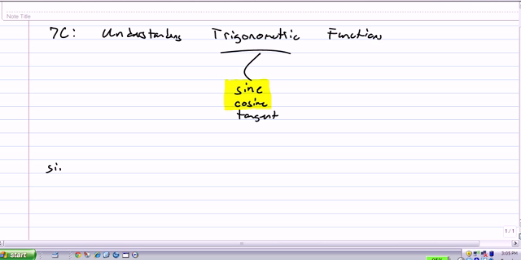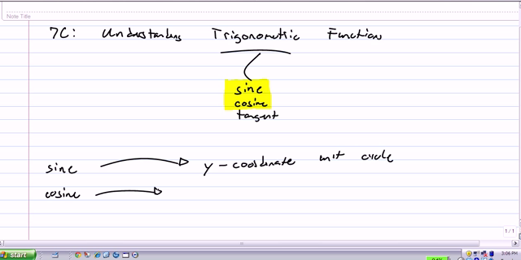Sine is the y coordinate on the unit circle, and cosine is the x coordinate.